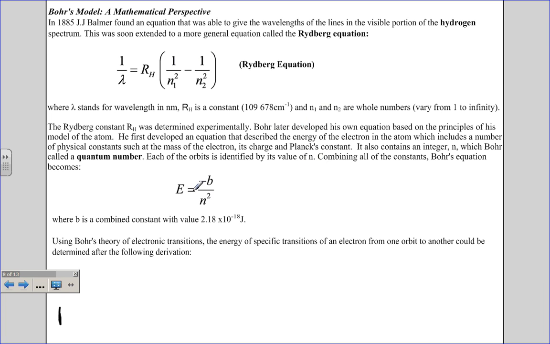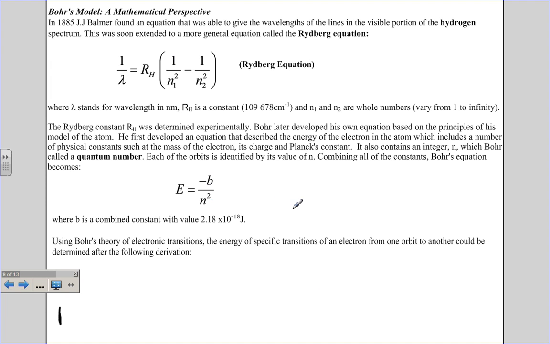So this formula, E is equal to -b over n squared, is showing the relationship between the energy level within the atom and the actual amount of energy associated with it. This B is a constant, and it's a combined constant that includes such things as the mass of the electron, its charge, and Planck's constant. And this N is an integer called the quantum number, which is really coming from the orbits in Bohr's model.